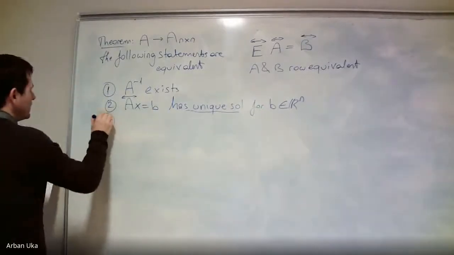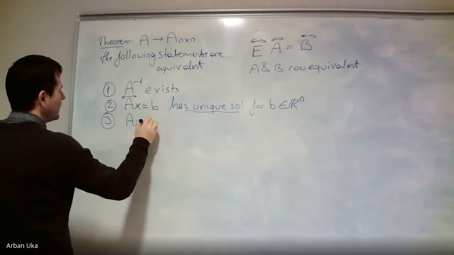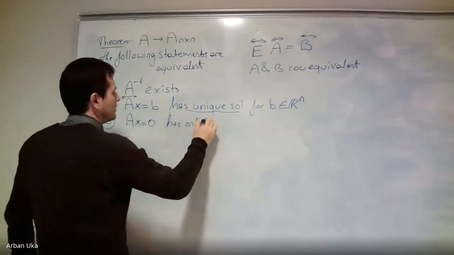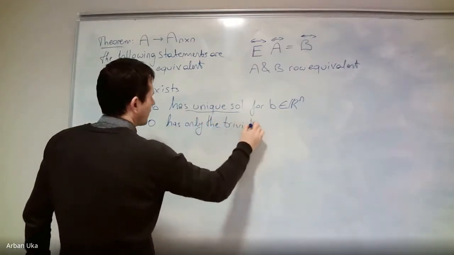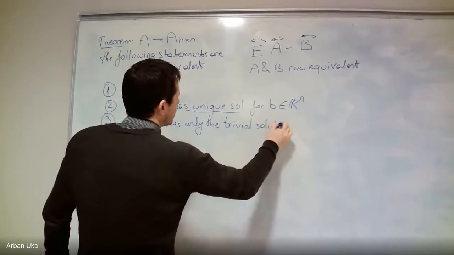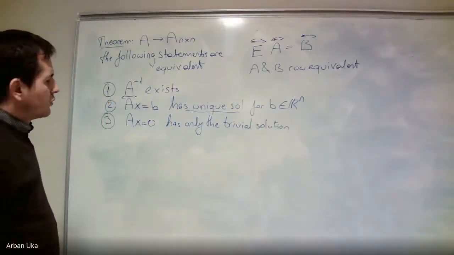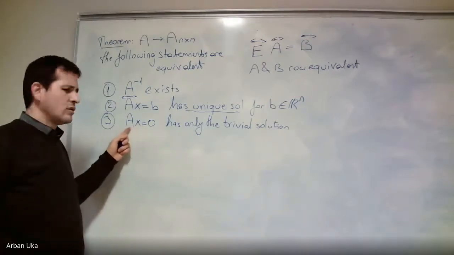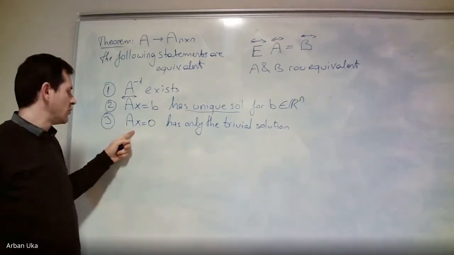The other equivalent statement is the following: Ax equal to 0 has only the trivial solution. So, what is a trivial solution? The equation Ax equal to 0 can in general have an infinite number of solutions, or maybe only one.